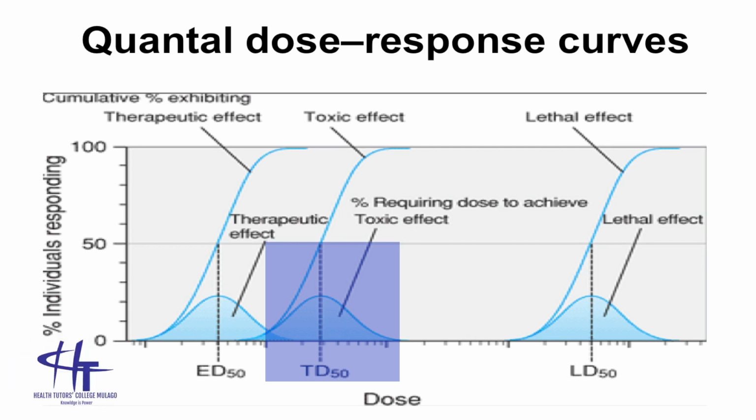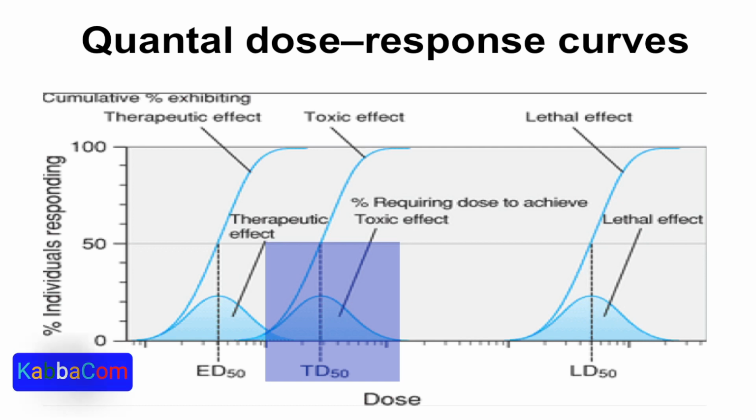When you extrapolate down along the x-axis at 50% of the population, we refer to that as the toxic dose at 50, or the TD50. This is the dose of the drug at which the drug becomes toxic in 50% of the population.